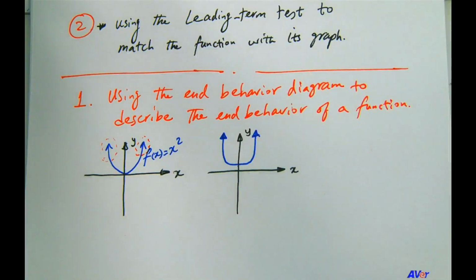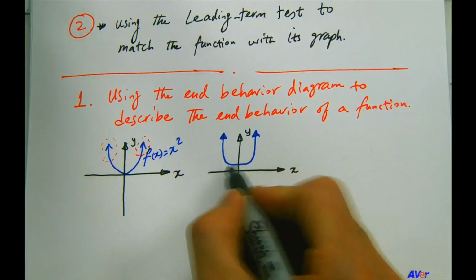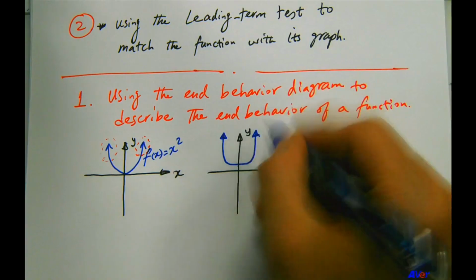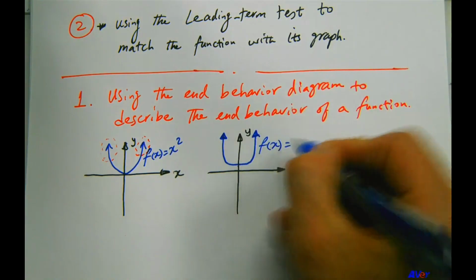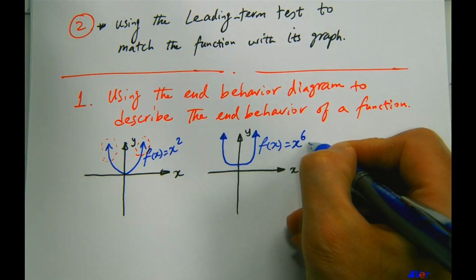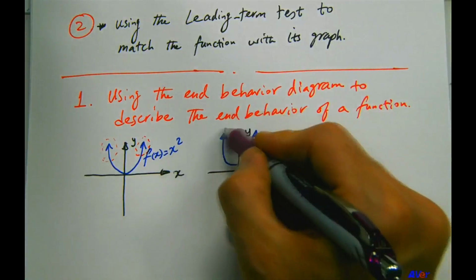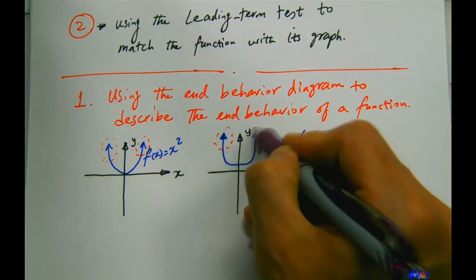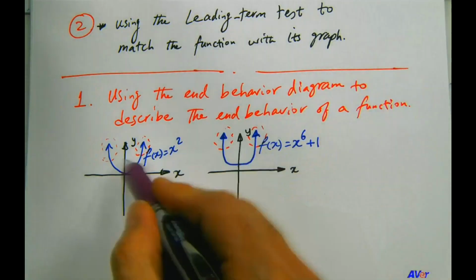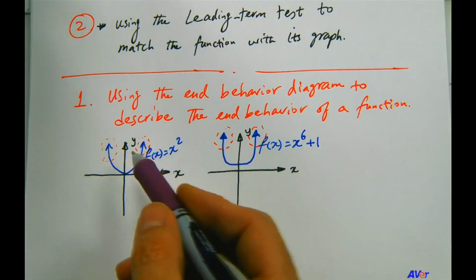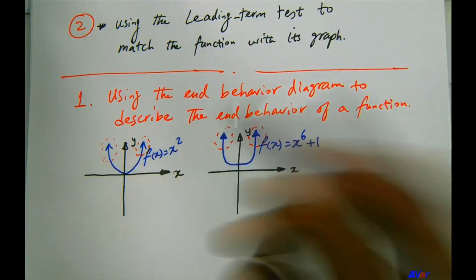Let me correct this and say, let's keep this and say f of x is equal to x to the sixth plus 1, right? So that would match that. But now notice the end behavior of this graph. It retained its general feature.